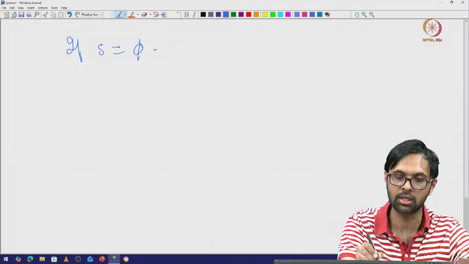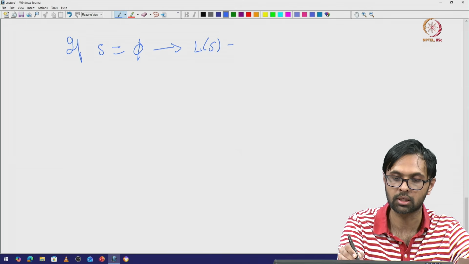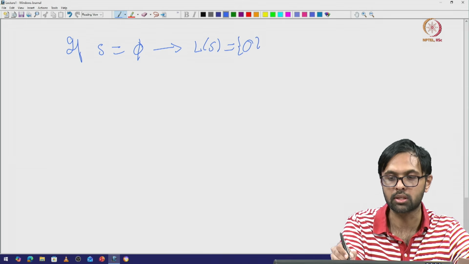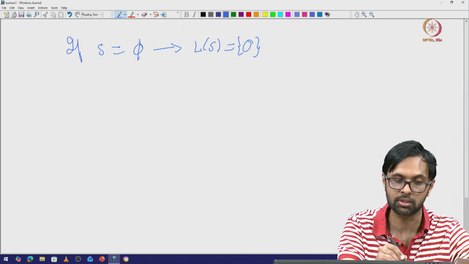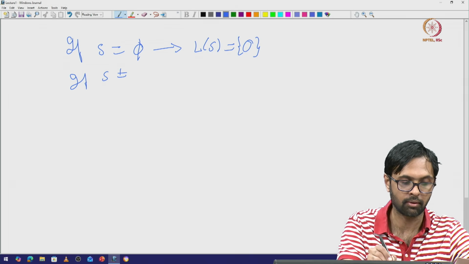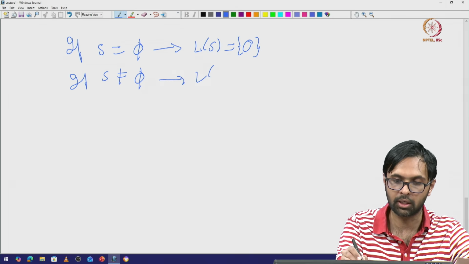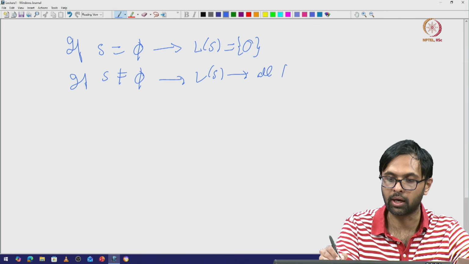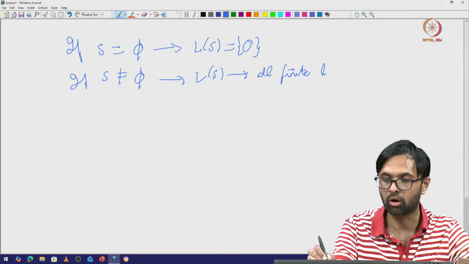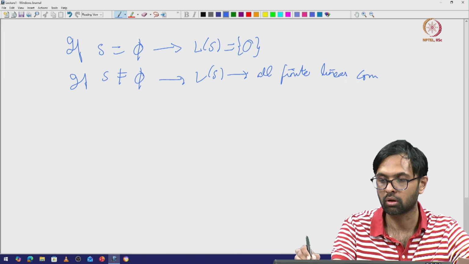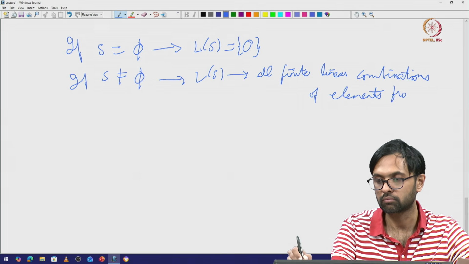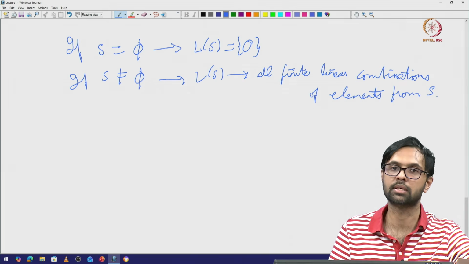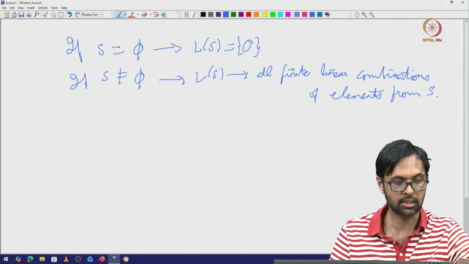If S is empty, the smallest subspace that contains it is 0. Notice that the 0 vector must be there in every vector space. A vector space cannot be empty. If S is not empty, then L of S simply consists of all finite linear combinations of elements from S. So that's the smallest subspace that contains S.